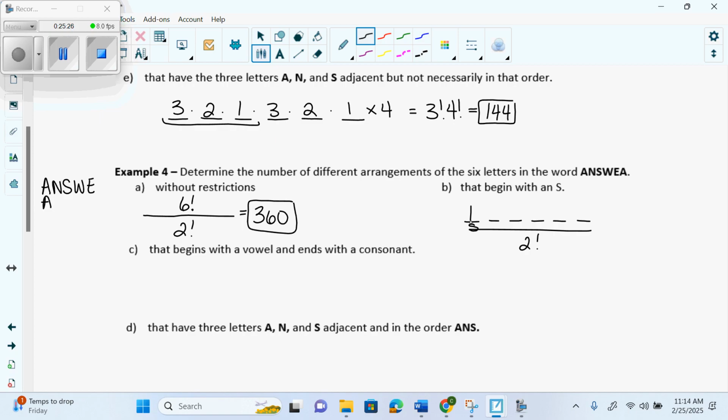So begins with an S, and then we have how many letters left? 5, 4, 3, 2, 1, blast off. So we get 5 factorial over 2, they could say. Now some people say, well, why can we drop the factorial sign off? Because 2 factorial is 2. 2 times 1 is 2, right? So it's the only one you can drop the factorial sign off. Because 3 factorial you can't, it is 6. So this is 60.